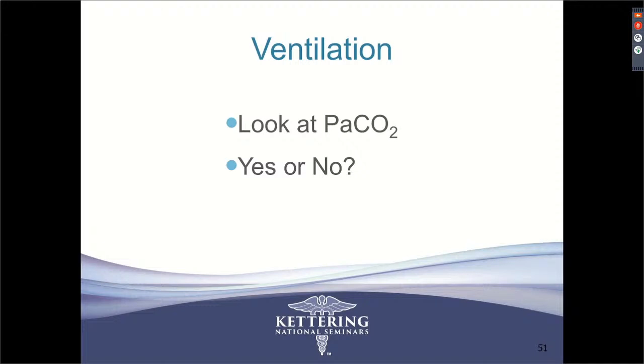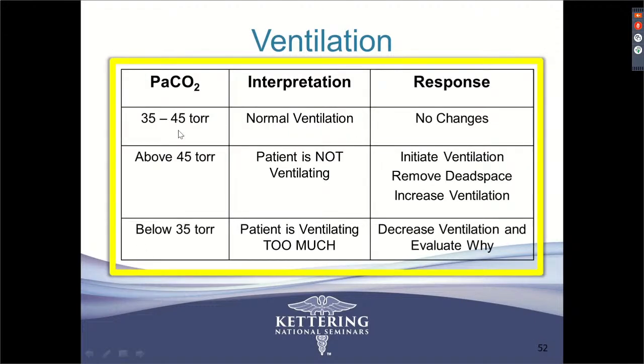If we have a CO2 that's above 45, then we're going to interpret that as the patient is not ventilating. And what we need to do, if they're not already on a ventilator, is initiate ventilation. If they're already on a ventilator, then we need to remove any dead space. If they don't have any dead space, then we're going to increase ventilation.